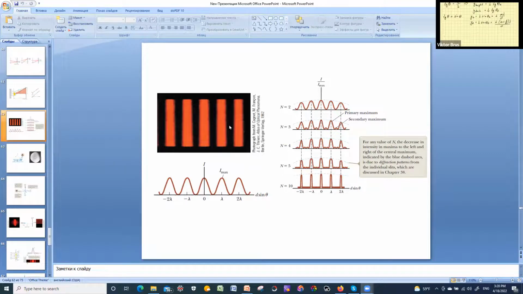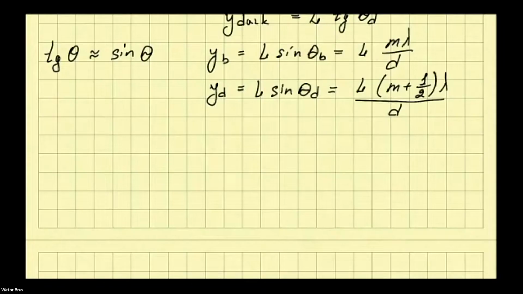However, it is necessary also to learn about this light intensity distribution, and that's what we will try to do now. So it's like the next step of quantitative analysis for the interference pattern. Let me stop share.